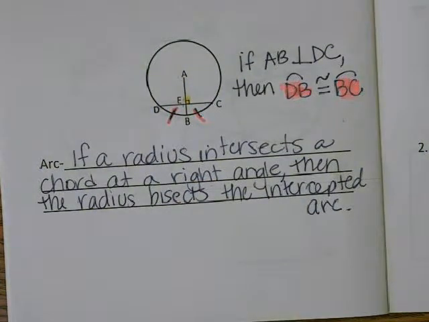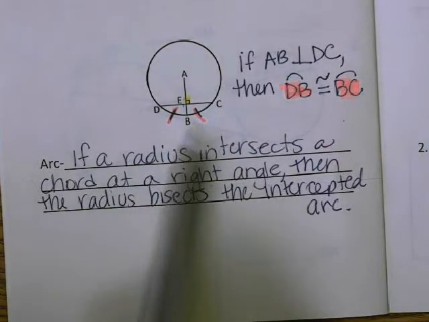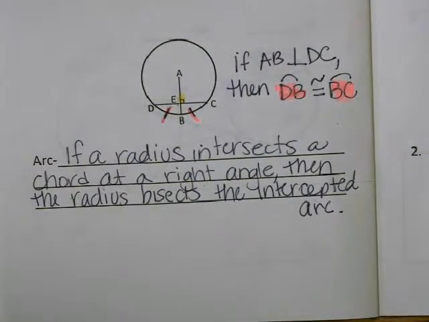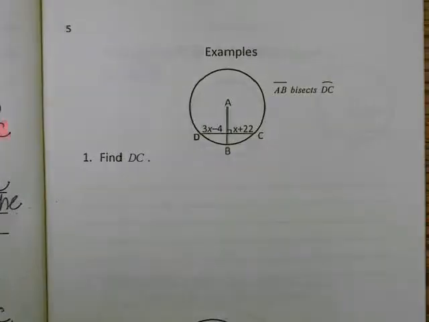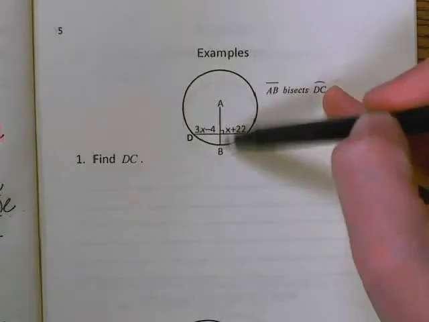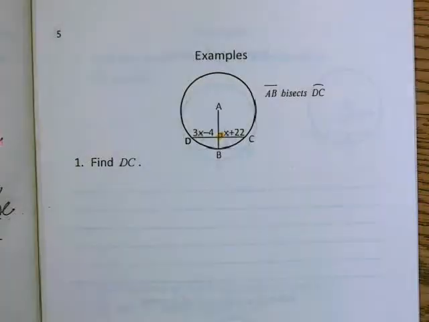Okay, so that makes this pretty simple to do. Essentially, we're just setting these two pieces equal to each other. We know that they're equal, they're congruent. Okay, their lengths are going to be equal. So, let's look at number one. It says, find DC. We've got AB, and it is perpendicular to DC.